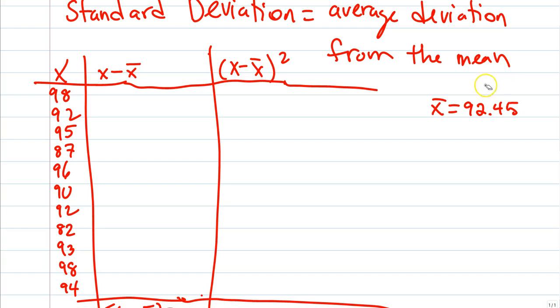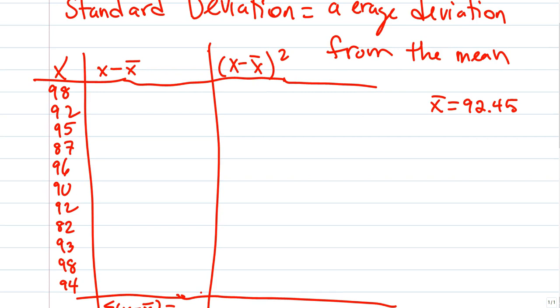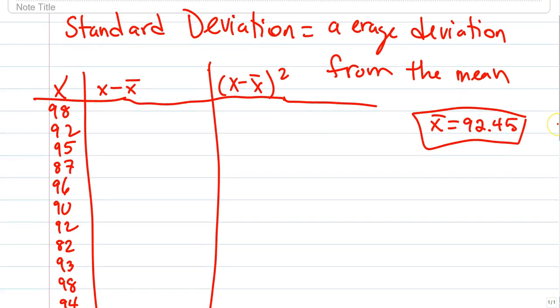We know the mean was 92.45. What a standard deviation is basically how far off the numbers are from some standard.